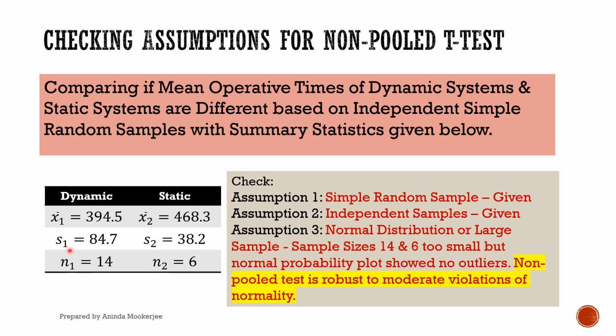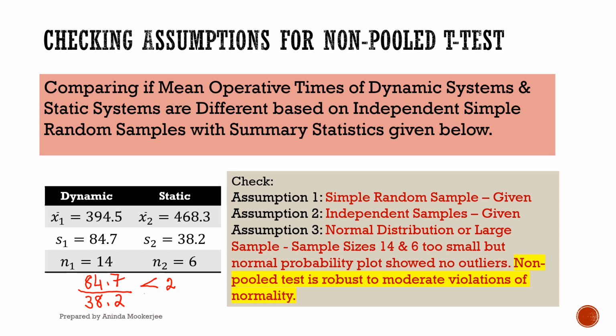If we look at our S sub 1 and S sub 2 values, remember what I said about the rule of thumb to determine whether the two sample standard deviations are close enough to use the pooled test or not. You take the higher standard deviation value, which in this case is 84.7, and divide by the smaller standard deviation value, which in this case is 38.2. If it is less than 2, then we can use the pooled test.